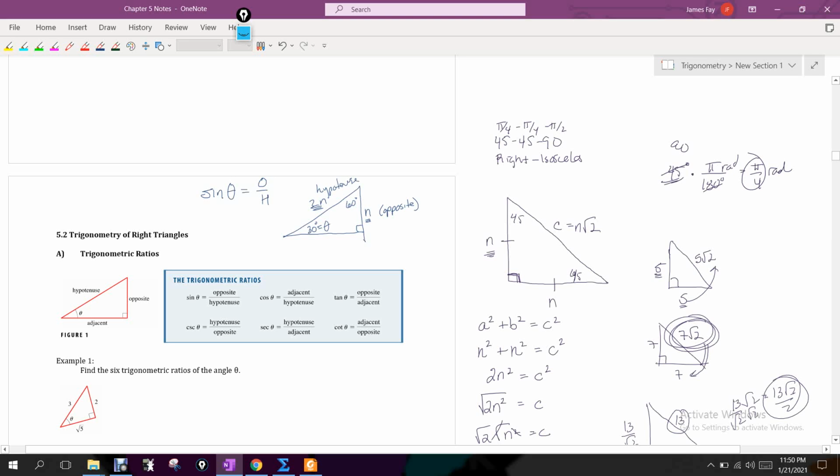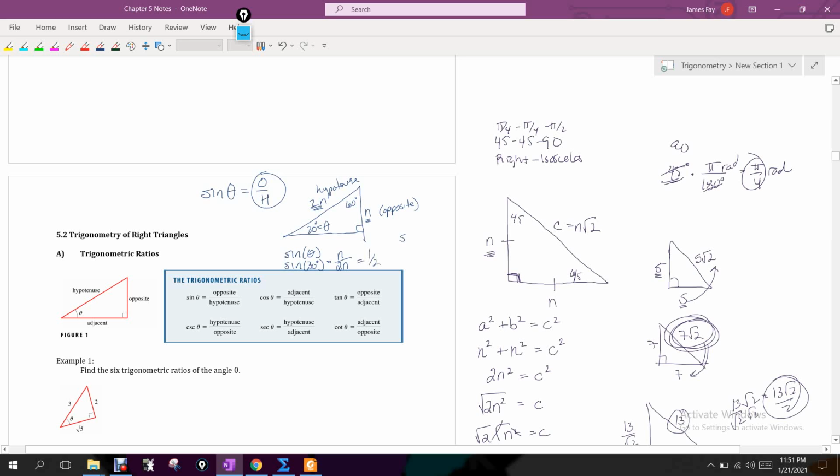Okay, so if I say sine of theta in this case, and our theta was 30 degrees, sine of theta is opposite over hypotenuse. Remember, opposite, which is the length of n, divided by the hypotenuse, which is 2n. The n's cancel out, and it leaves me with 1/2.